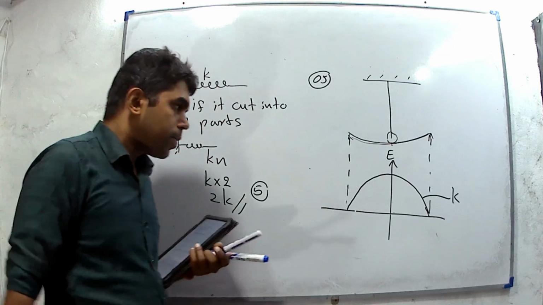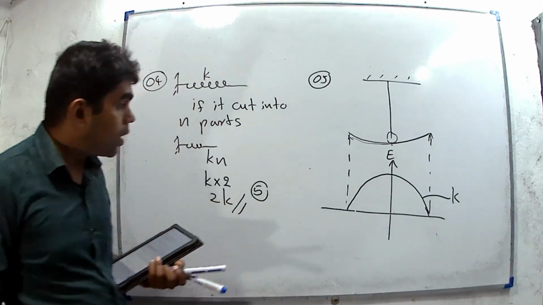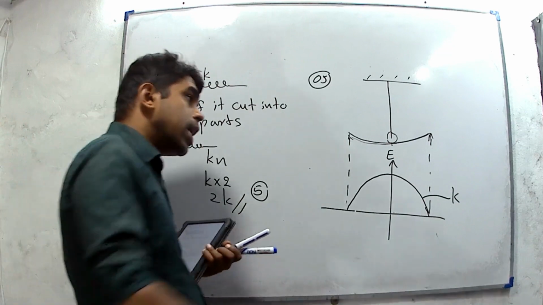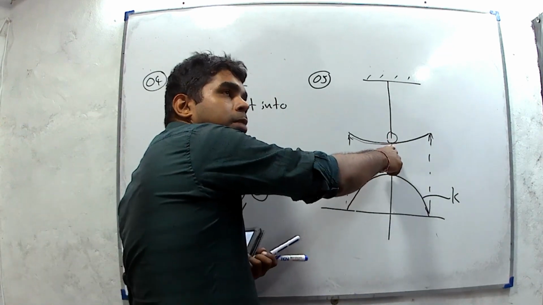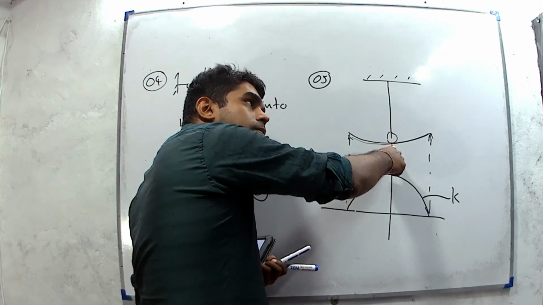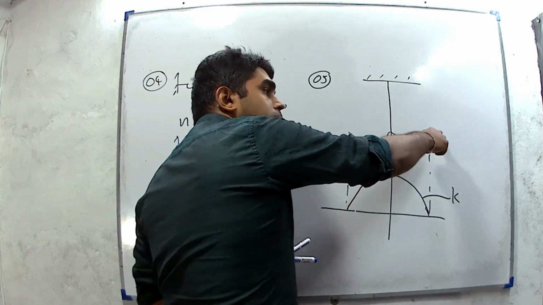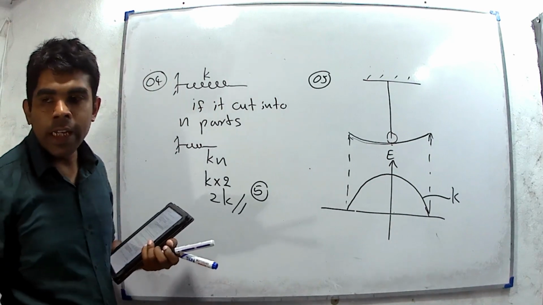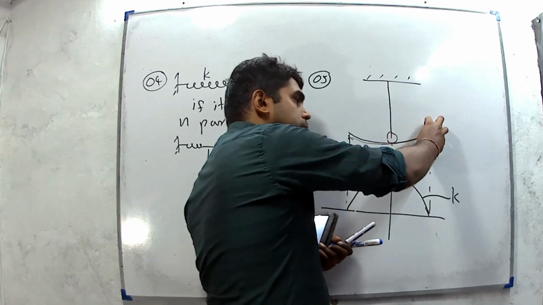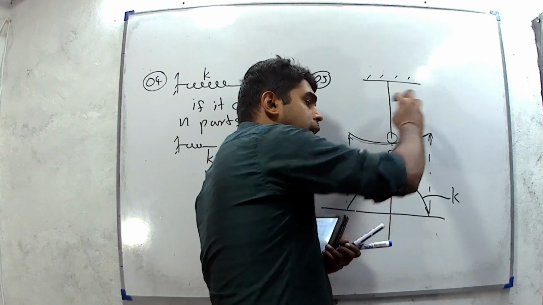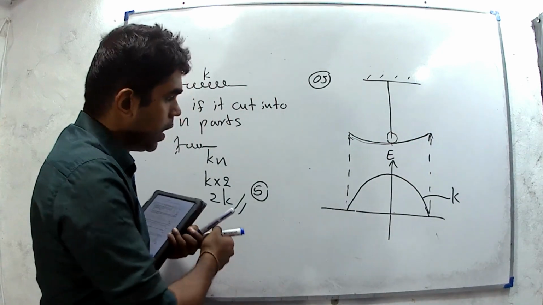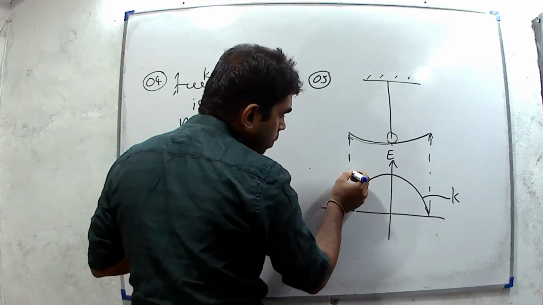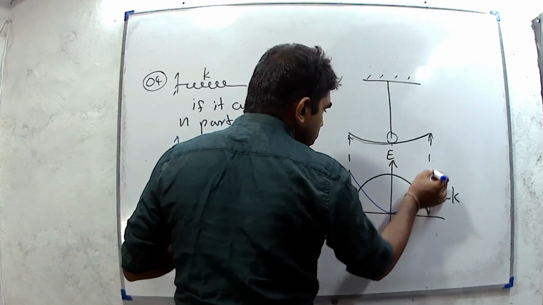And there is an energy conversion in simple harmonic motion. At this stage, kinetic energy is maximum, potential energy 0. When moving to the end point, the oscillating end, kinetic energy should be 0, velocity 0, and potential energy should be maximum. Therefore, the potential energy graph should be like this.